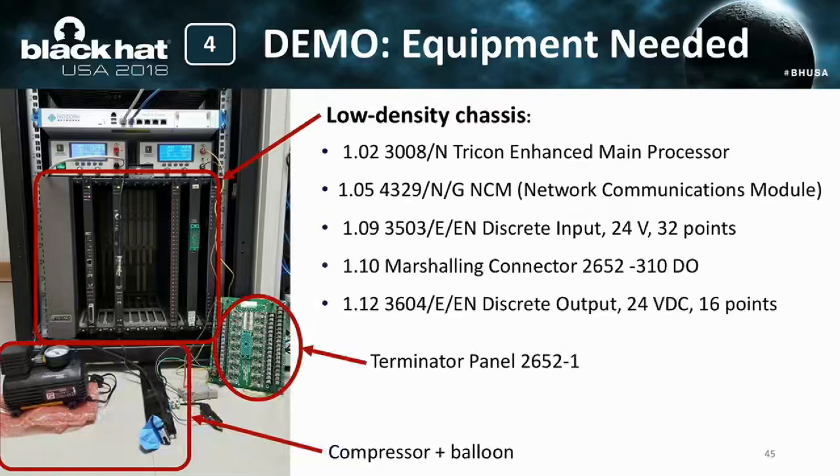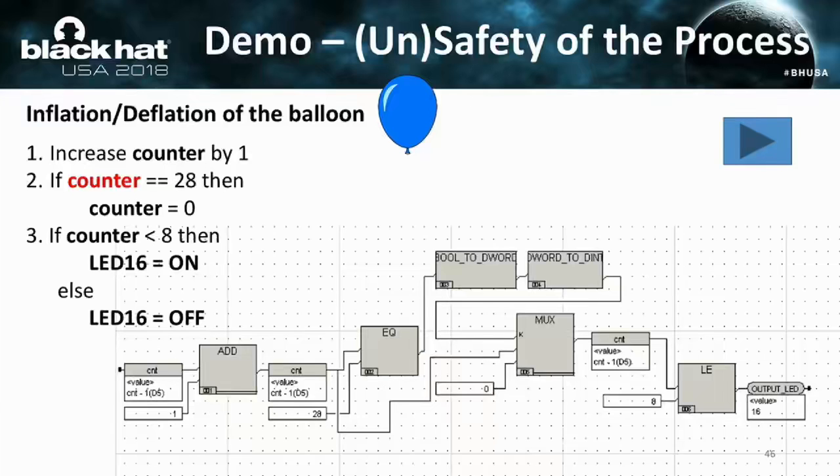And we also have our terminal panel that is directly connected to the Marshall connector, and at the same time is connected to the field device, which this time is a compressor connected to a balloon and has to control the inflation-deflation phase. Okay.